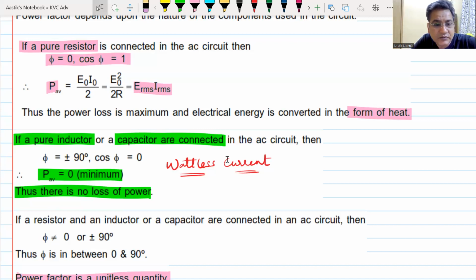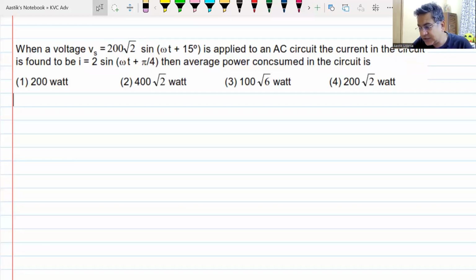Let me ask you this simple question here. When a voltage 200 root 2 sin of omega t plus 15 degrees is applied to an AC circuit, the current in the circuit is found to be this one.